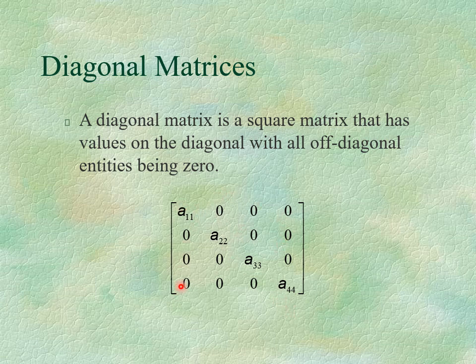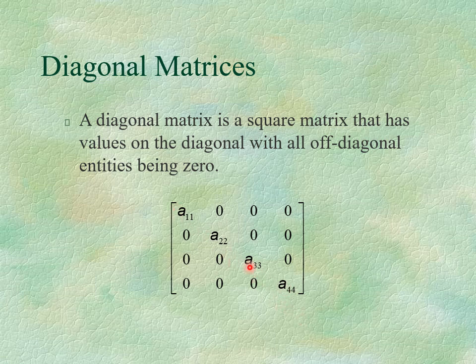So diagonal matrix can be just a diagonal matrix if A11 and A22 and A33 and so on are not equal. If they are the same number, it will be a scalar matrix.